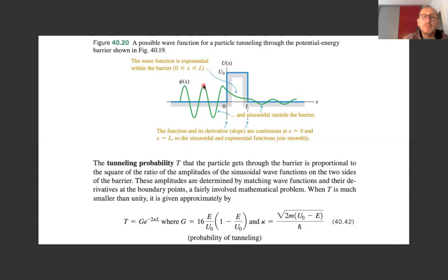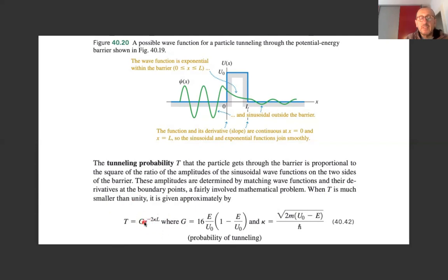This thing has an amplitude and that thing has an amplitude here. You take this amplitude squared: the amplitude of hitting the barrier will be A squared, and the amplitude of leaving the barrier will be B squared. B squared over A squared will be T, the transmission probability, which is a factor g.